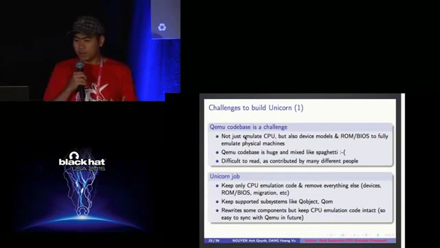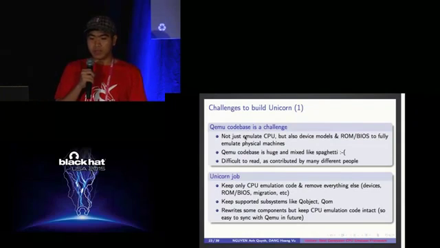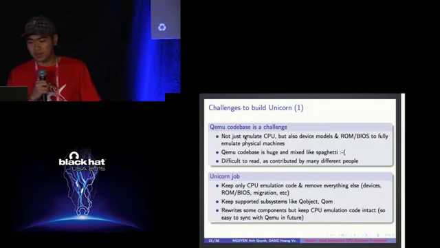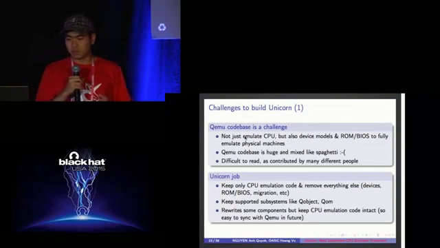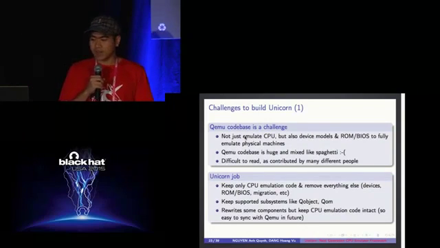So our job is that we want to keep this CPU emulation code and remove everything else. We need to understand all the code and just take out what we need, and hopefully the part that remains is easy to understand and easy to work with. We need to keep supporting all the subsystems that they have that are already really integrated deep inside each architecture, like the QObjects. It's just like emulating some C++ class.